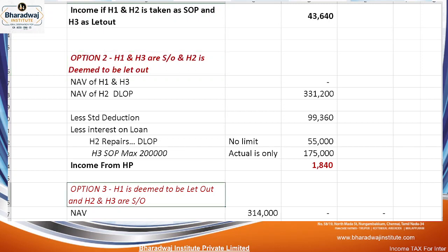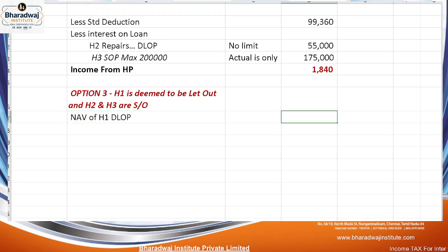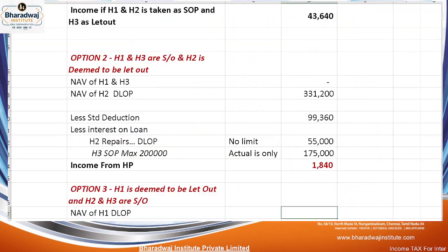Next option, house 1 is deemed to be let out. House 2 and house 3 we are taking as self-occupied. NAV of house 1, that is a deemed let out property, how much we worked out? 3,14,000.